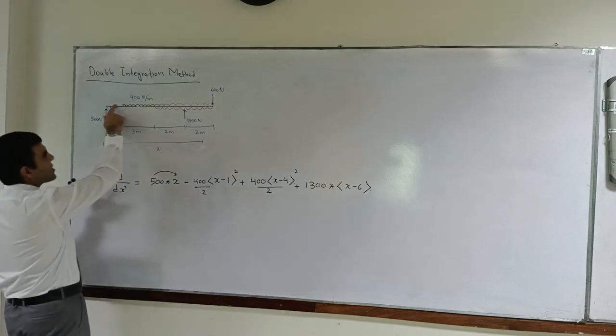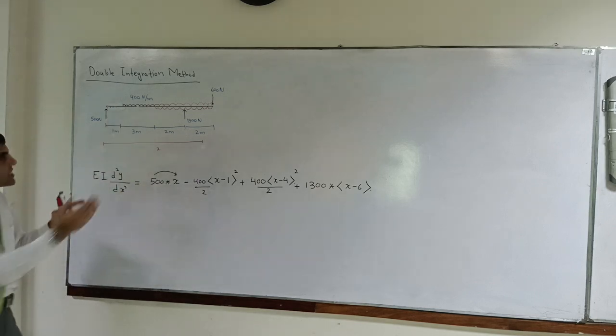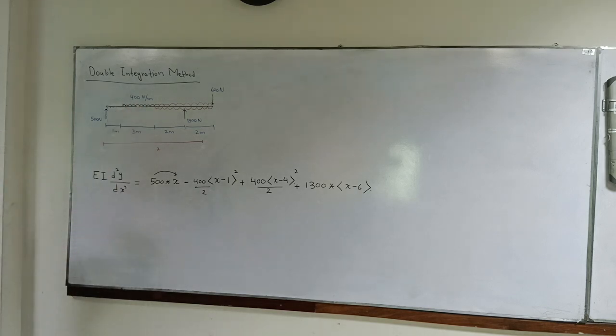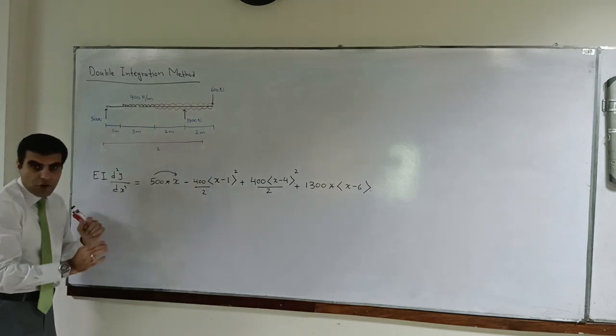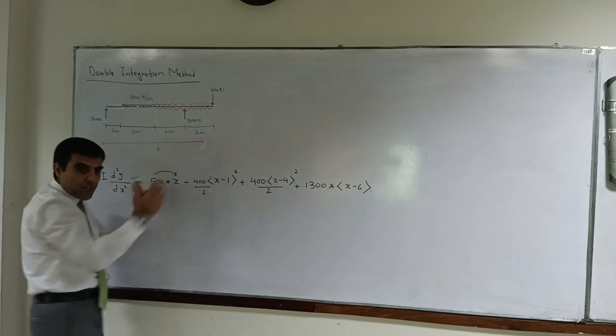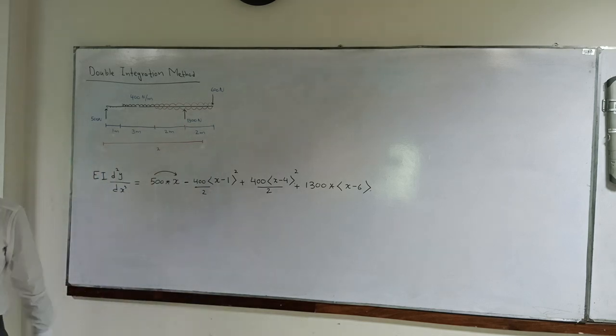If it is over here, what is the lever arm? How can we work this out fully in terms of x? We don't know the limit of this one. The only thing we know is the range. So we are faced with the same problem.